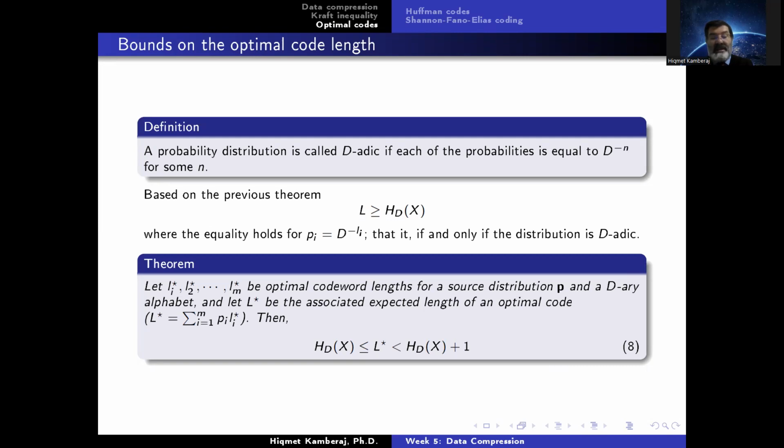So this means that L star is the sum over i from 1 to m of p_i L_i star. Then L star is greater or equal to H_D of X and strictly less than H_D of X plus 1. So now we are giving both the lower and the upper limit for the optimal expected length of the code word.